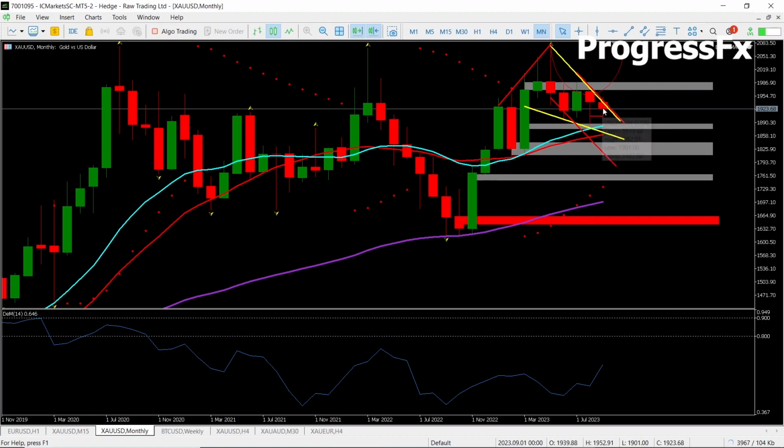And I told you that until the price broke below the tail of this candlestick and closed below the tail, you should not expect a strong bearish movement on gold.